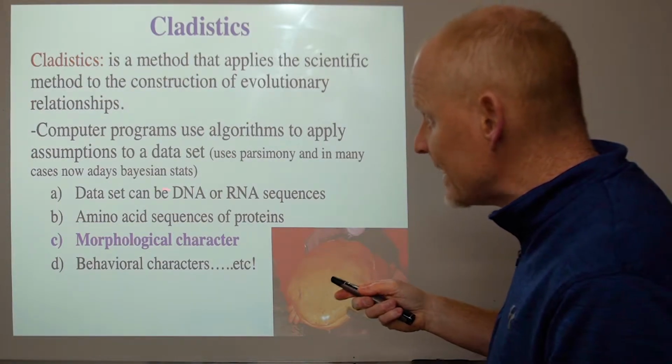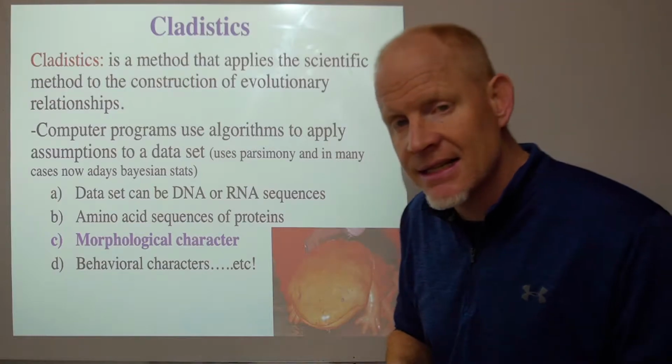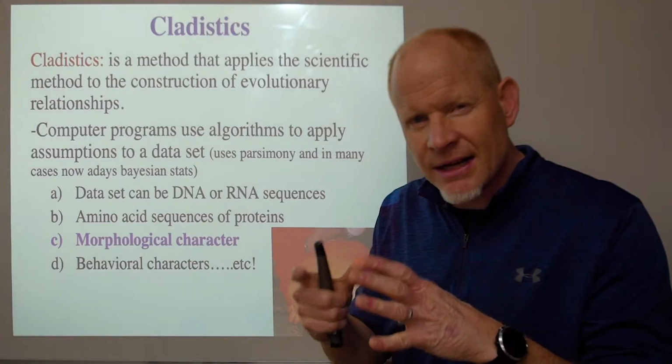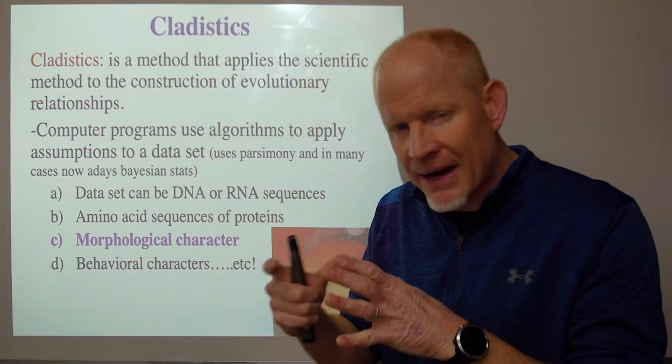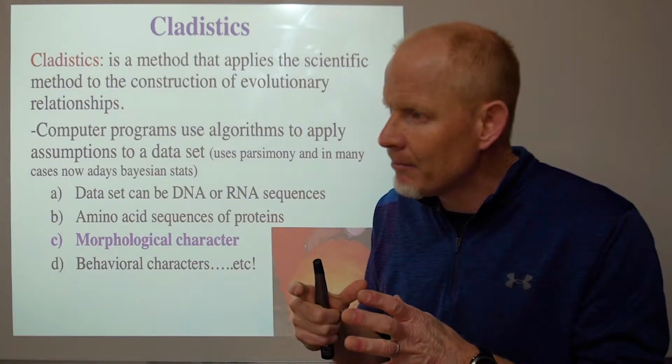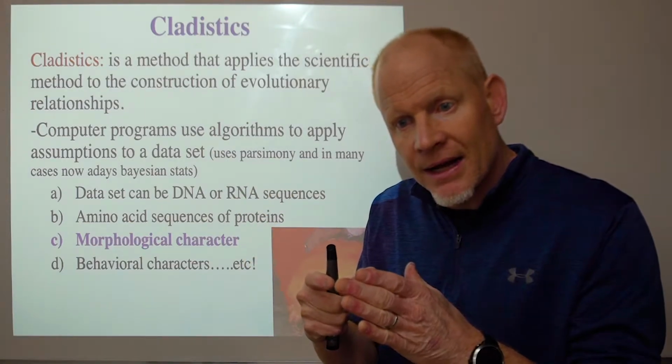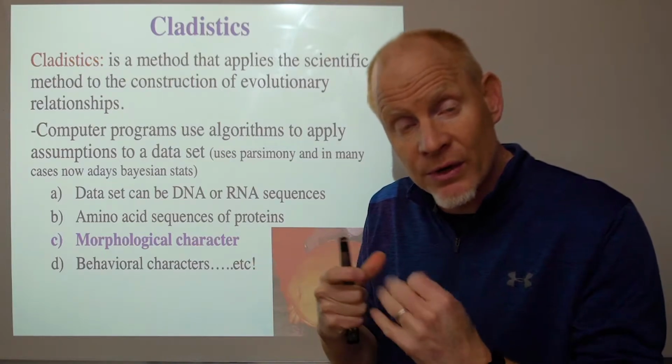We also use what's called Bayesian statistics, which allows you to do things like bootstrapping and a whole bunch of comparisons between the different branches to determine how likely what we're seeing is real.